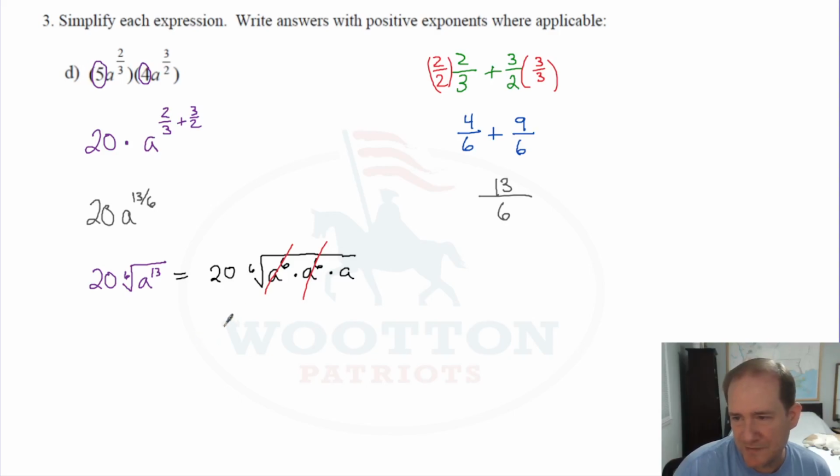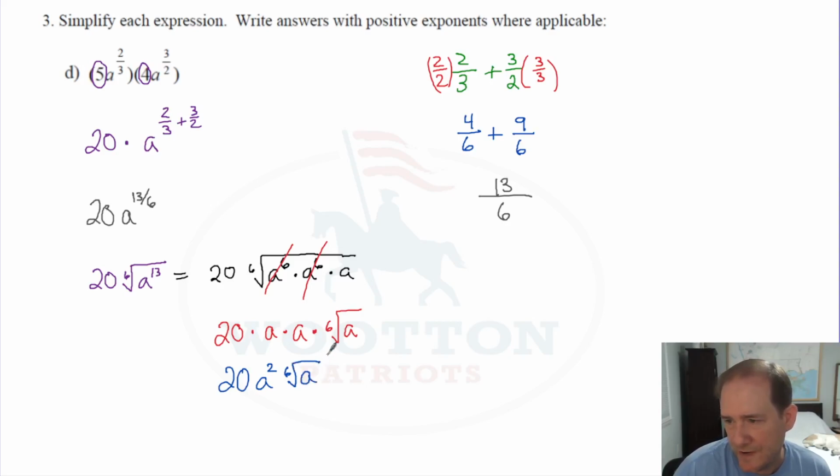So maybe the best answer here would be 20, and then this would be plain old a. Then I get another factor of plain old a, and then I have one last factor of the 6th root of a. So if you were going to express this in radical form, I would expect that you could pop out this factor of a squared and be left with one factor of the 6th root of a. That would actually be the best possible answer if we were in radical form.